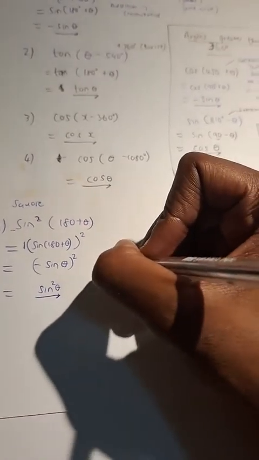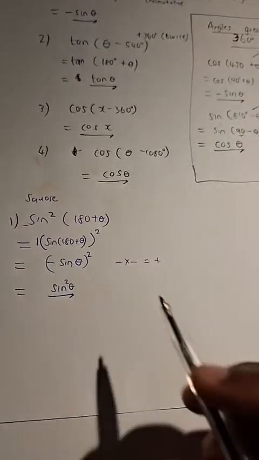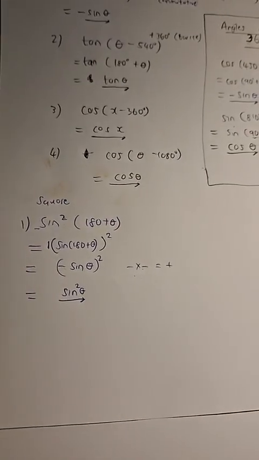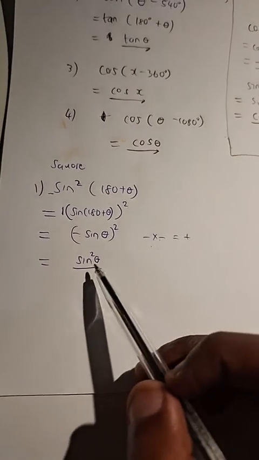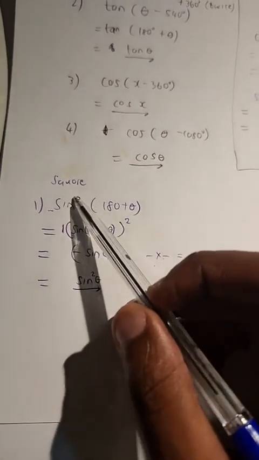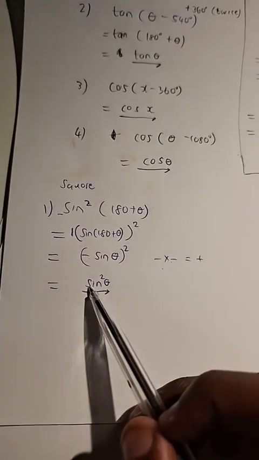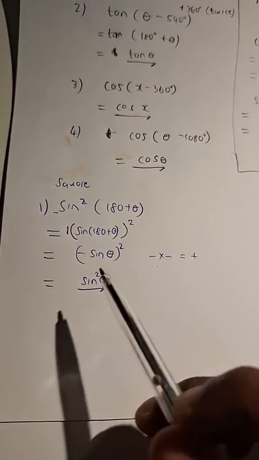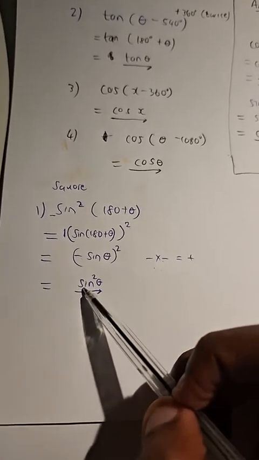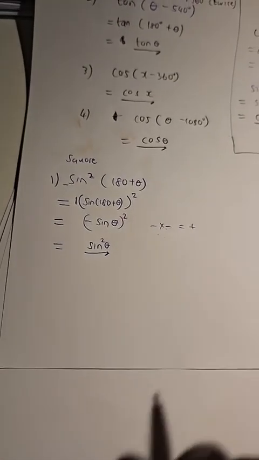This is like saying negative times a negative, which we know is equal to a positive. If you multiply a negative sign an even number of times, you will always get a positive answer. So what we conclude is any squared function value will always result in a positive answer, and that is very important to note.